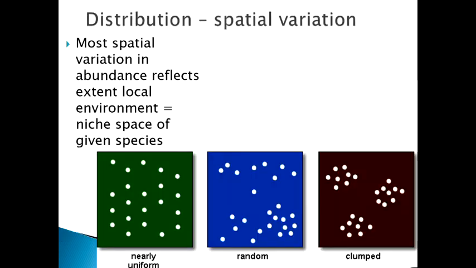Another aspect of variation in space that we look at is whether these organisms are arranged in a uniform fashion, a random fashion, or in a clumped or aggregated fashion. We're not going to do it, but there are interesting, unique statistical tests that can tease these apart.